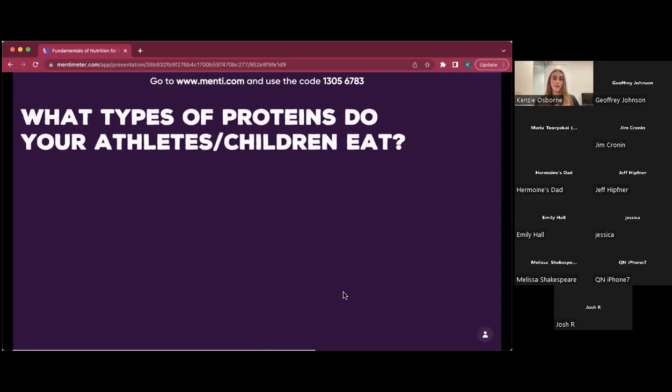Okay, any favorite proteins? Chicken, beef, fish, eggs. Actually, eggs are a good source of protein, but they are not a great source in terms of the quantity of protein that you get from eggs.